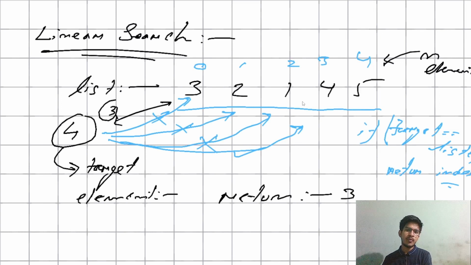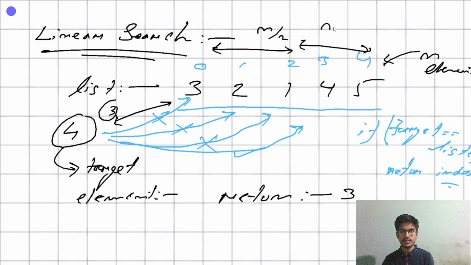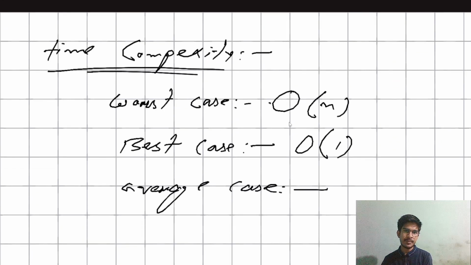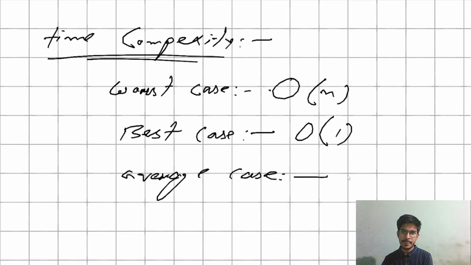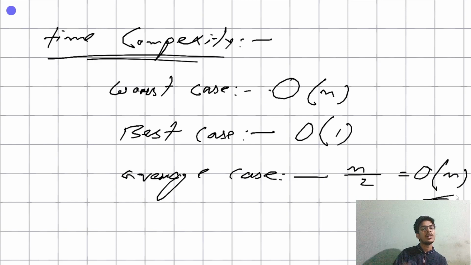Then we have to traverse only n upon 2 elements. The number of steps is basically n upon 2, but we remove the constant, and it becomes big O of n. Ultimately, the average will also become big O of n.